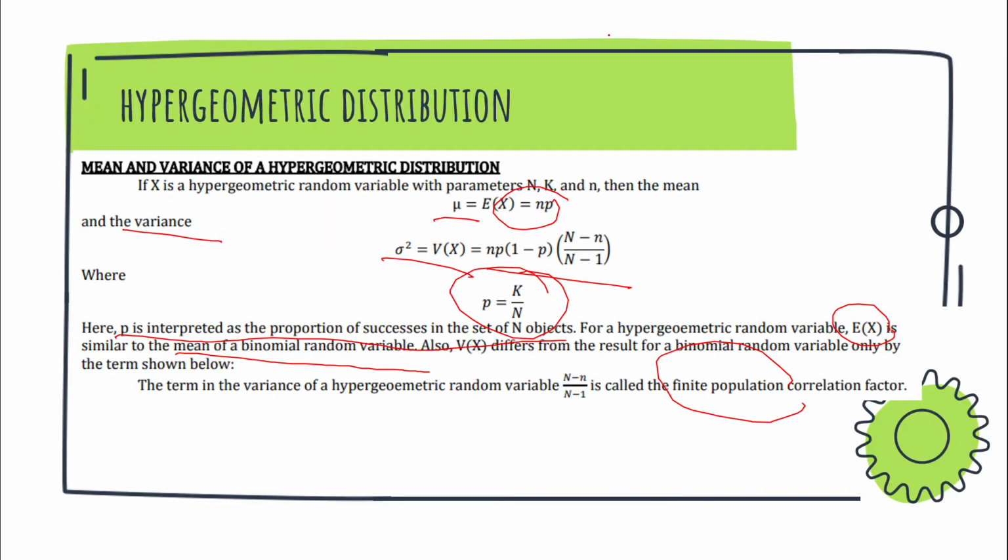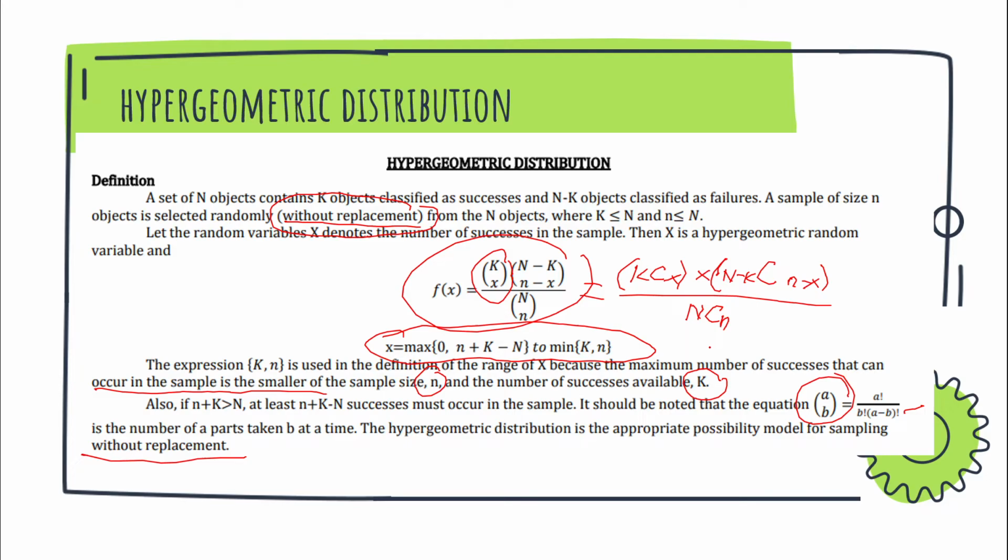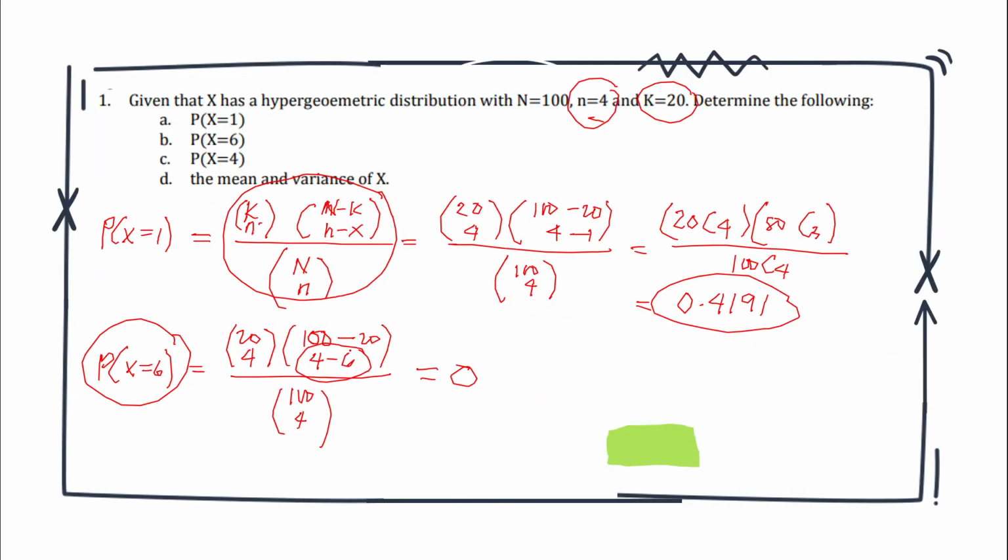Take note that the maximum number of successes should be smaller than the sample size. So it is an impossible probability, or 0, if it is greater than the sample size. Since that is greater than the sample size, therefore this is 0, or impossible probability.